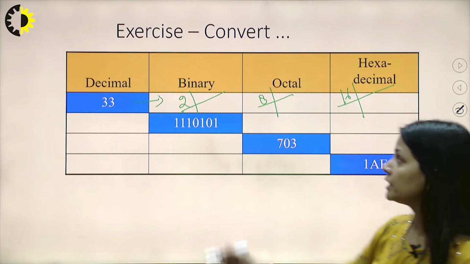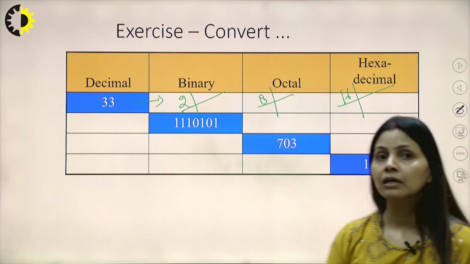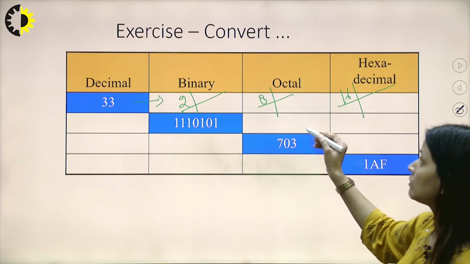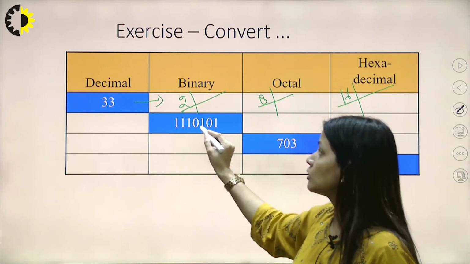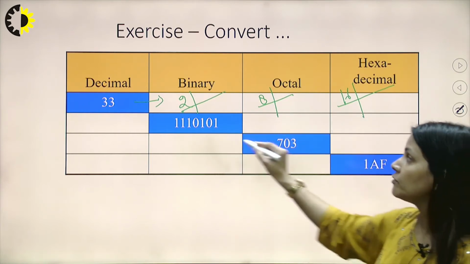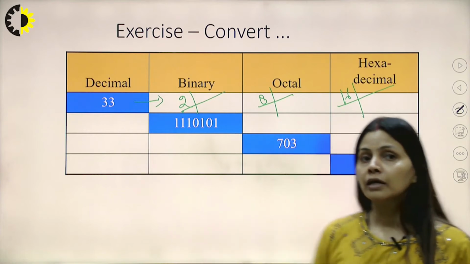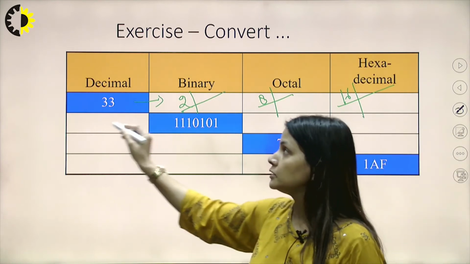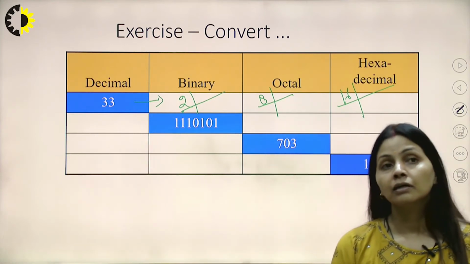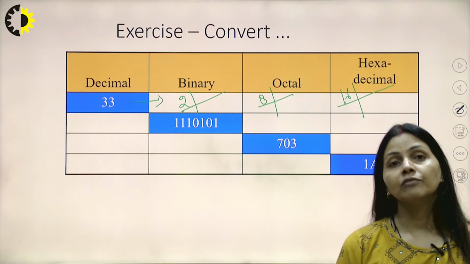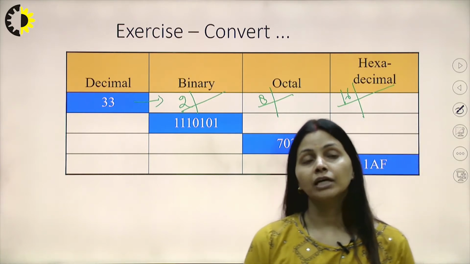Similarly, if binary is given, how to write the decimal and the octal: for octal we make groups of 3, for hexadecimal we make groups of 4, and for converting binary to decimal we take the weights and convert like that.